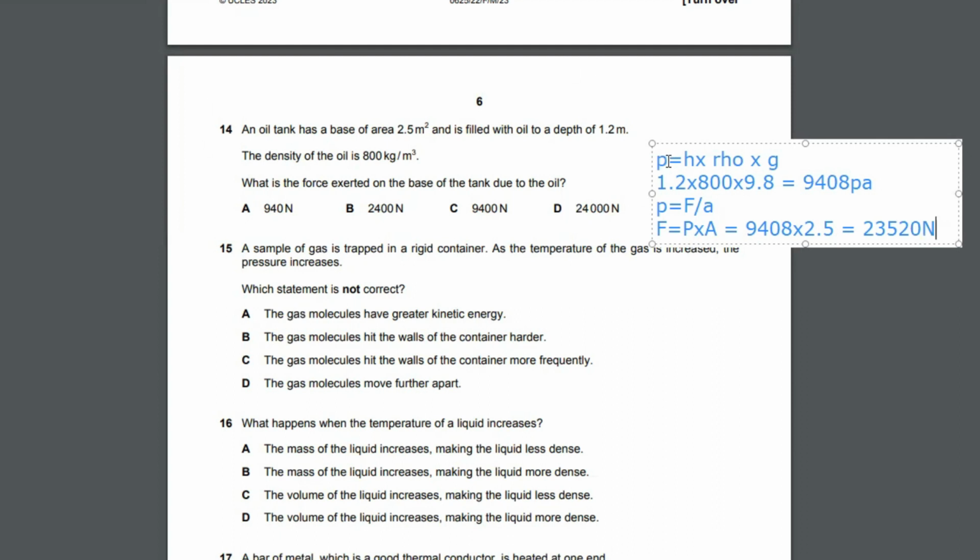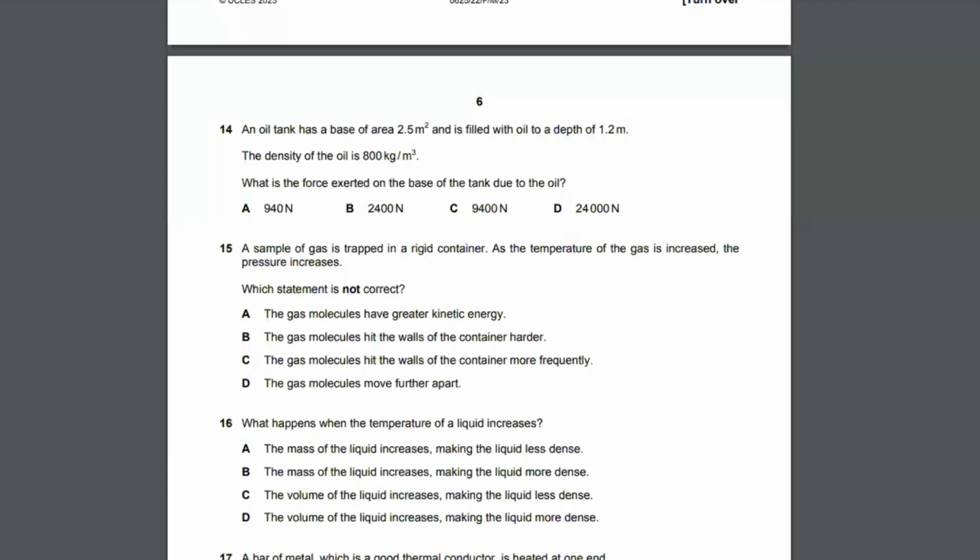So first of all, we calculated pressure using the formula for pressure in liquids, which is h into density into g, the gravitational field strength.